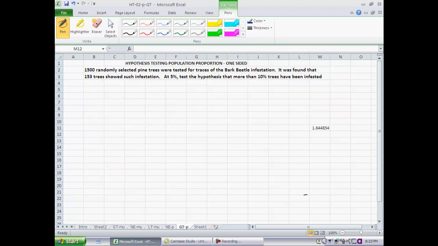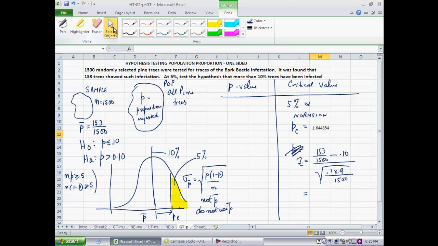So let's see what value we get over here. So the numerator is equal to 153 divided by 1500 minus 0.1, which is equal to 0.002, and the denominator is equal to square root of 0.1 times 0.9 divided by 1500, which is 0.0077.